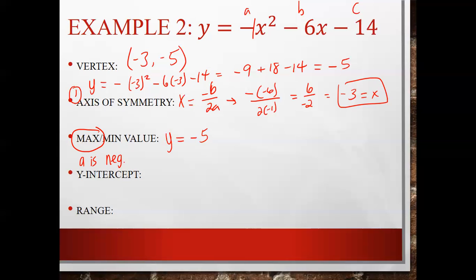Your axis of symmetry is your x value. Your max or min value is your y value. Your y-intercept here, your y-intercept is always 0, comma, your c. And in this case, what is our c?